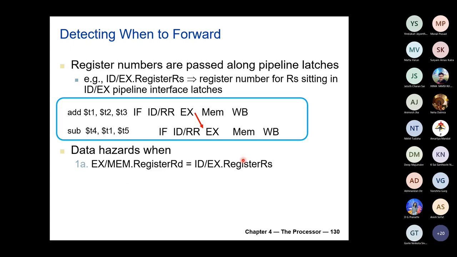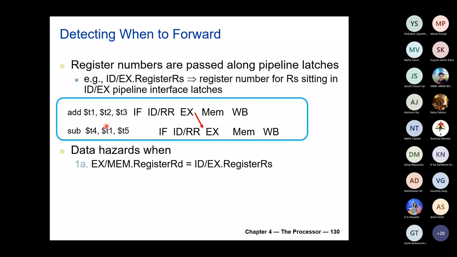Do you follow the meaning of this legend? Yes, sir. Is this the only case, or are there other cases also? There will be other cases, for load. Instead of T1, suppose this is T5, then this register will match here.